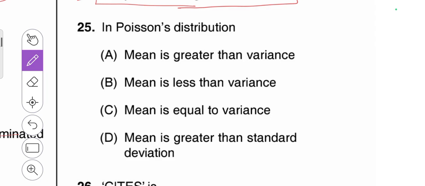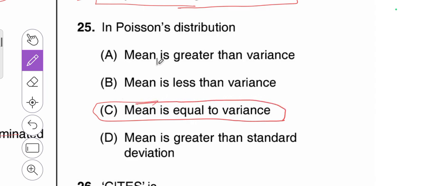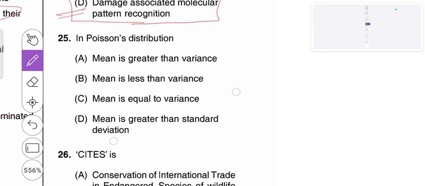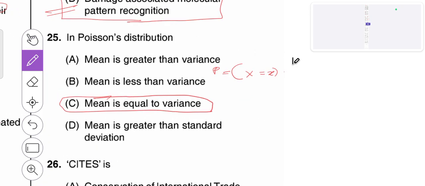In Poisson's distribution, the mean is equal to the variance.